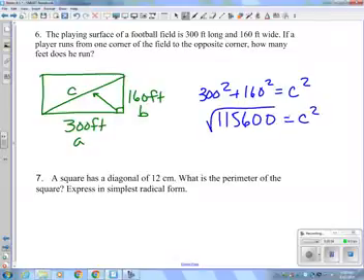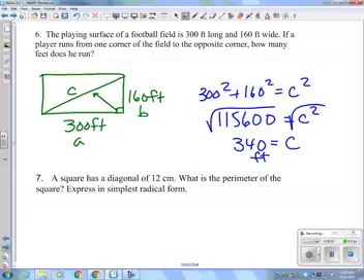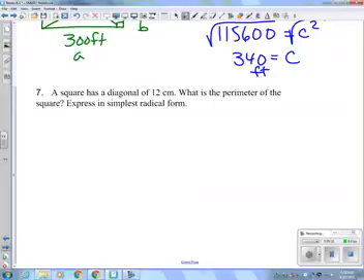Then if I square root that, I get a really nice number of 340 feet. And so what it ends up telling me is that this is a Pythagorean triple, that I have nice whole numbers that all come out evenly, and that the distance across that diagonal is just a little bit longer than the field.